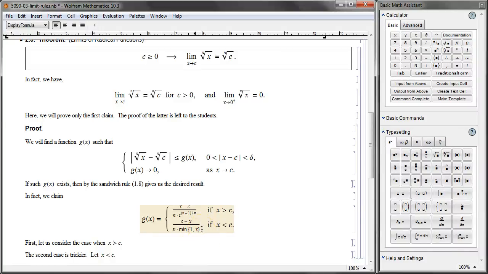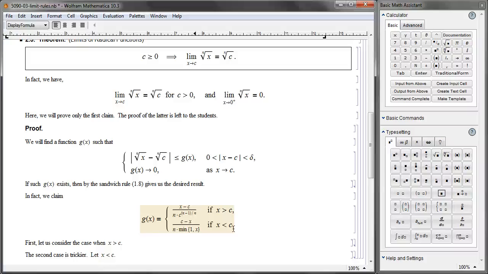How about the next expression here? C minus x, yes, x is less than c, so we need c minus x to be positive. And if you look at the denominator, it's a little bit harder. N times minimum of 1 or x, the smaller of 1 or x. When x is big, then we're going to select 1, so no big deal there.